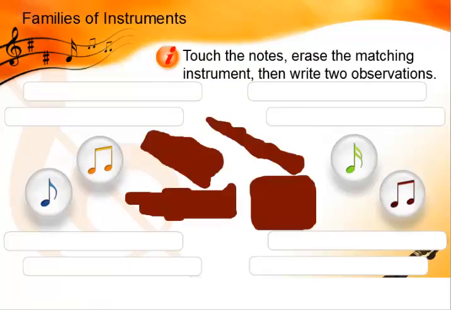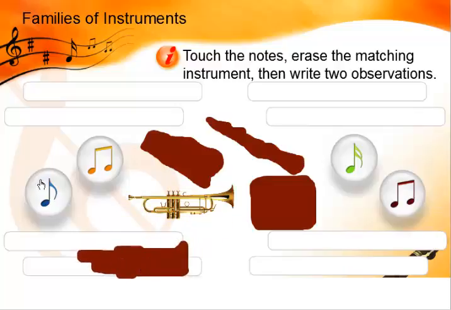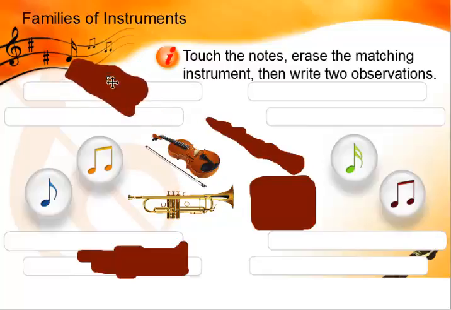Okay, so this is the first activity. The teacher has covered over different instruments and she wants us to uncover them and play the notes so we hear what each one sounds like. Okay, so first we have the trumpet. You can hear how high the sound is. Let's hear the violin next.